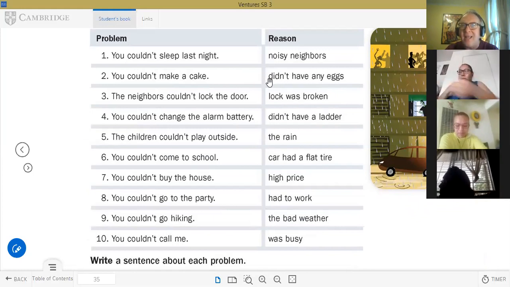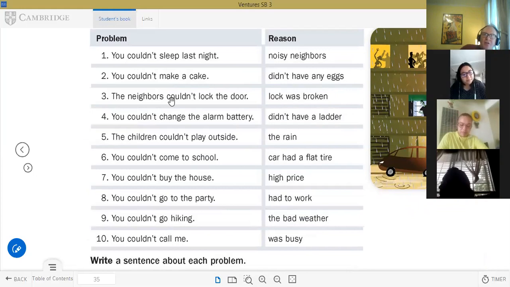Because I didn't have any eggs. All right. Number 3. Why couldn't you lock the door? Should I say because or because of? Because the lock was broken, right? Subject and verb, so we say because.